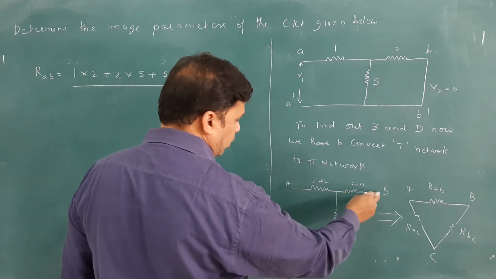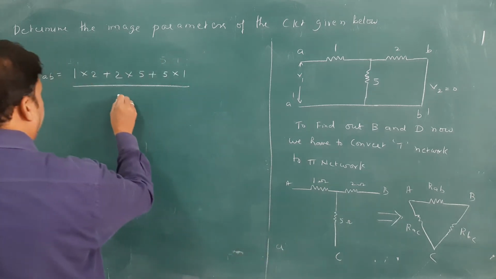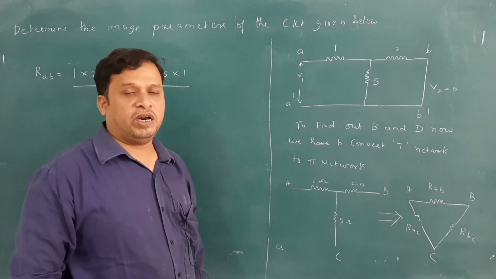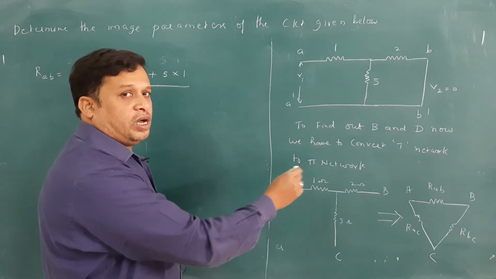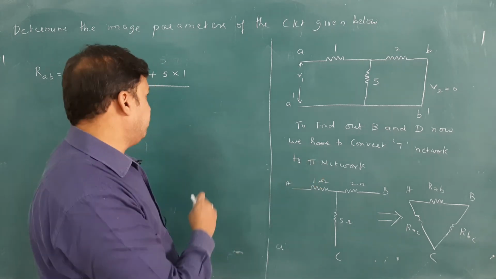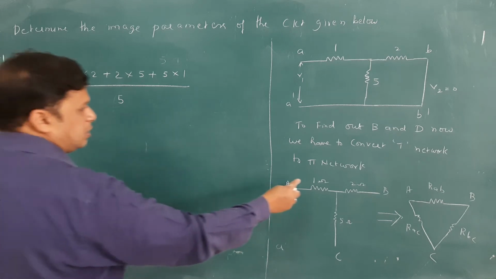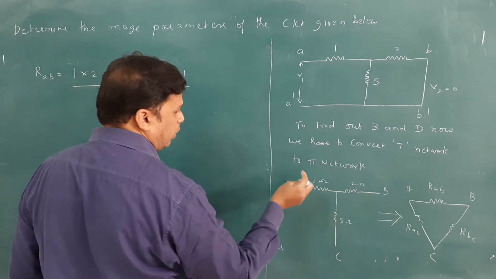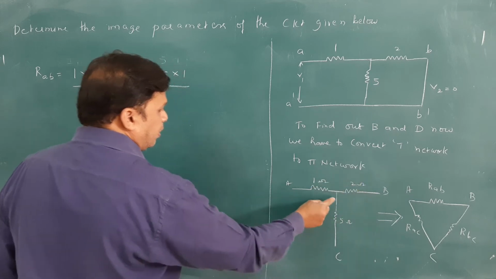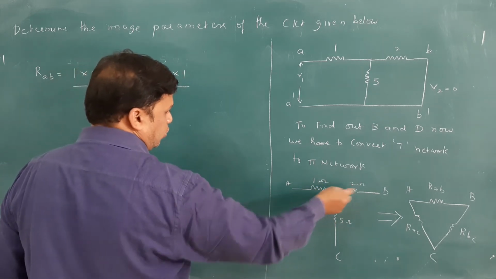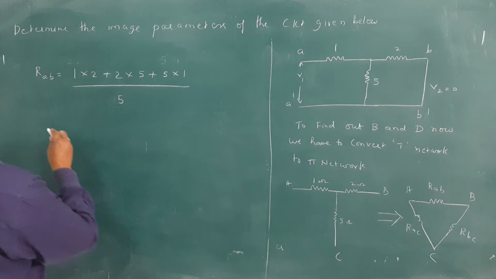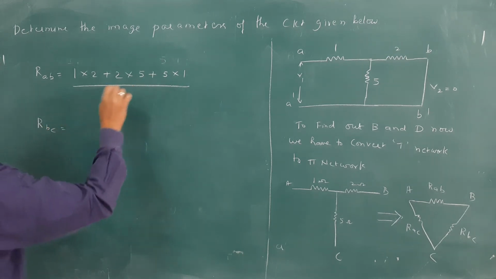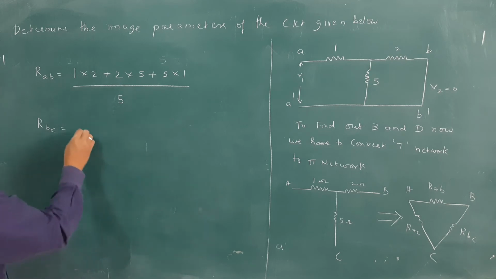This is a shortcut method for star to delta or T to pi conversion. You take the cyclic order, 1 into 2 plus 2 into 5 plus 5 into 1, divided by the opposite to AB, which is 5 ohms. In a similar way, the numerator remains the same.